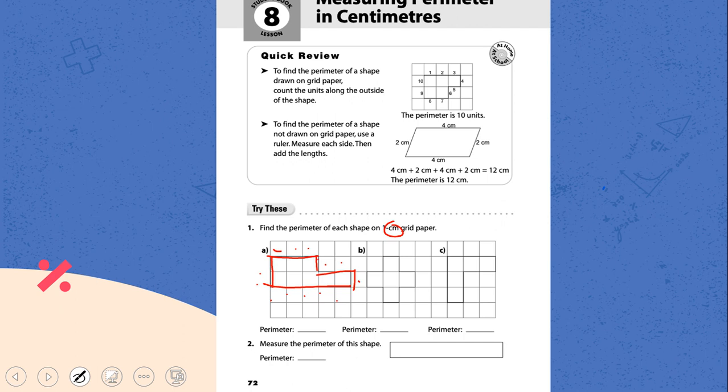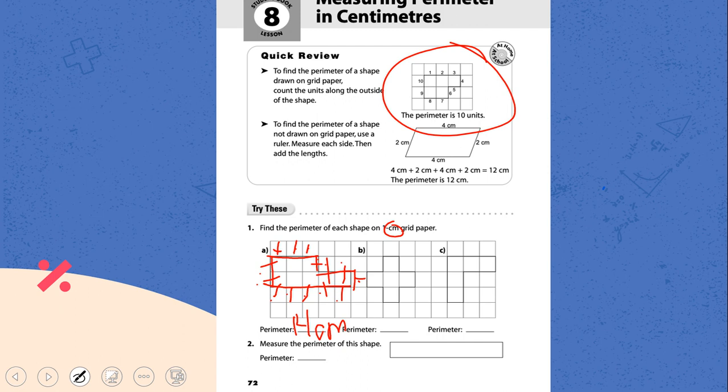But remember this one has 2, so it's 14, right? 1, 2, 3, 4, 5, 6, 7, 8, 9, 10, 11, 12, 13, 14. So you're going to write 14 centimeters, okay? So you're literally just counting, and remember, look up here to help. You're just counting the squares.